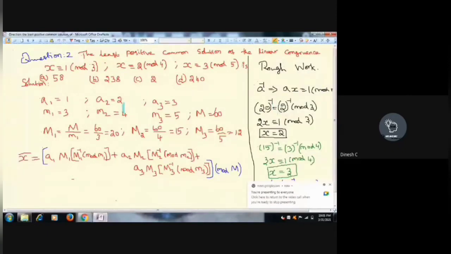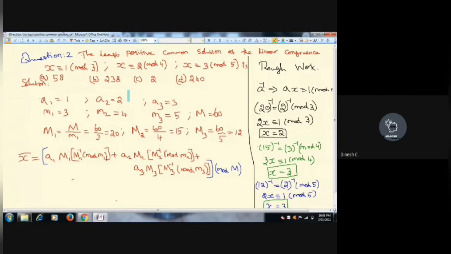Question number 2. The least positive common solution of the linear congruences x congruent to 1 mod 3, x congruent to 2 mod 4, x congruent to 3 mod 5. Here it is a multiple choice question, so more than one answer is possible.